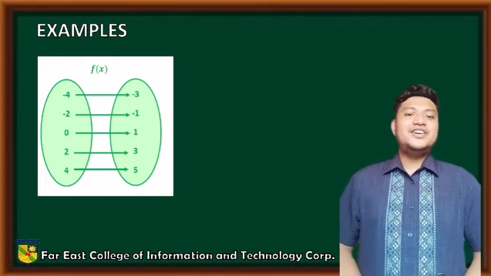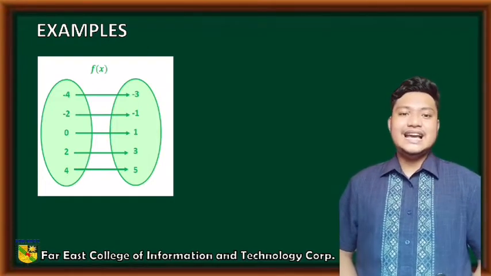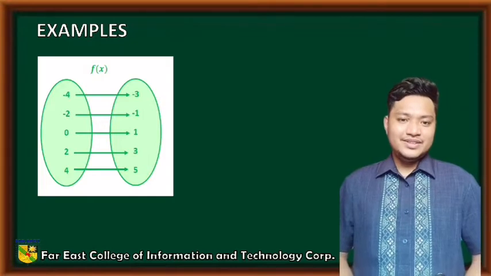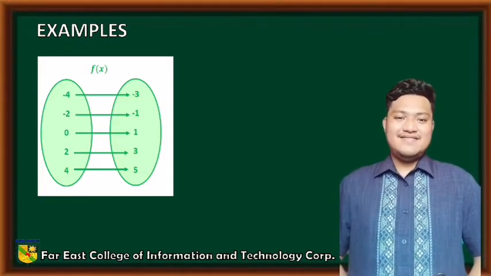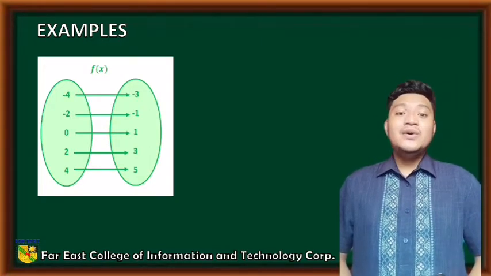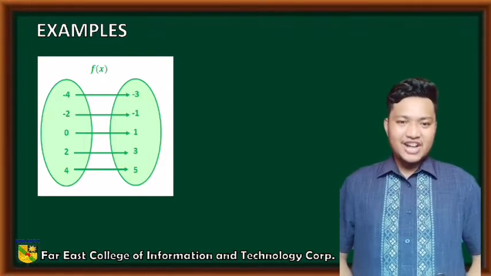And the other set has the elements negative 3, negative 1, 1, 3, and 5. They are also unique elements. Each element corresponds or is related to another. So this figure is an example of a function.